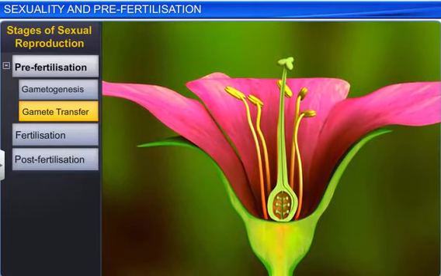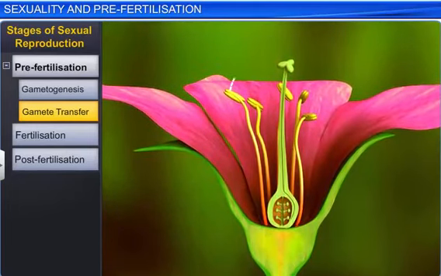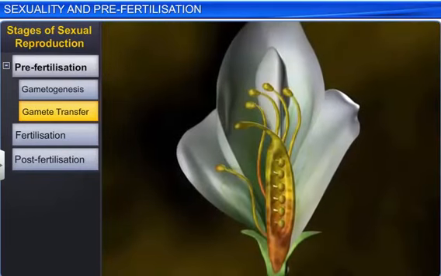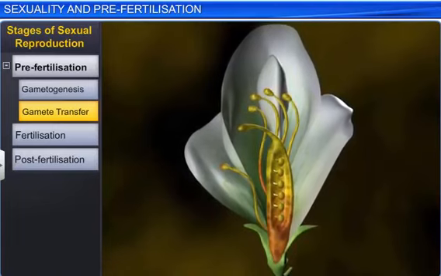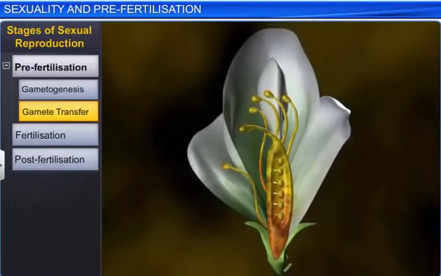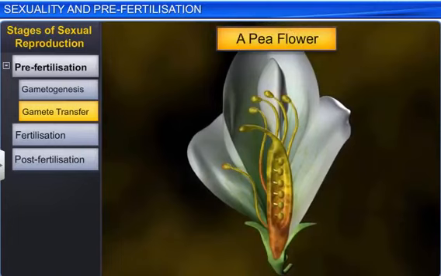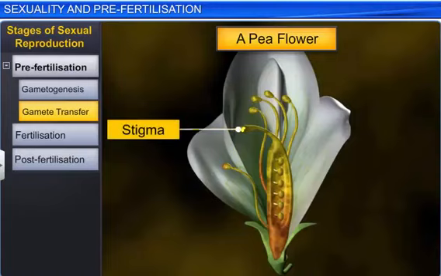For fertilization, it is necessary for pollen grains to be deposited on the stigma so that they reach the embryo sac. This deposition occurs in different ways in different plants. In the case of monoecious plants, such as the pea plant, the anther sheds the pollen grains soon after they have matured, which then fall on the stigma.